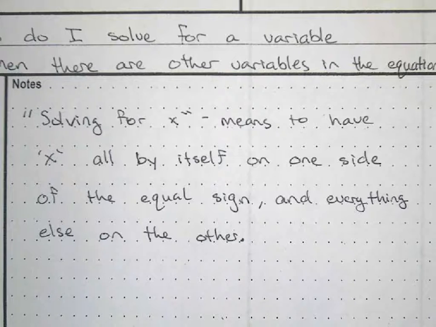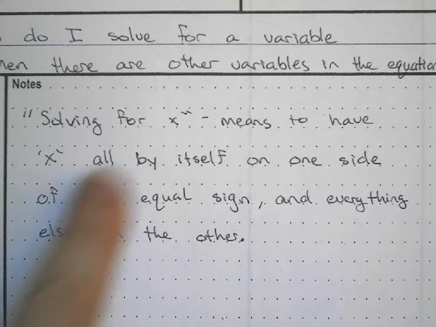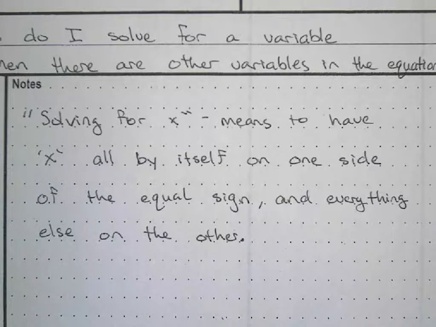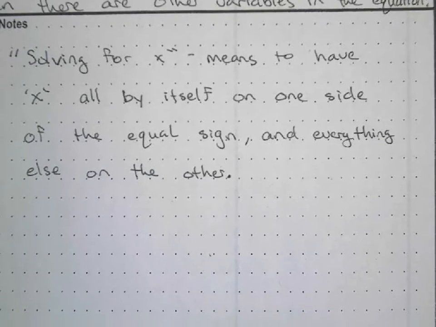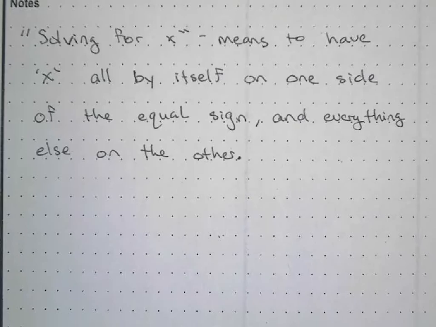And we'll do this using our steps for solving equations. We could say solving for q, solving for r. Doesn't really matter what variable we put here, but when we see solving for r, that means we want to get r by itself. So just be mindful of that because we're going to be using those words.